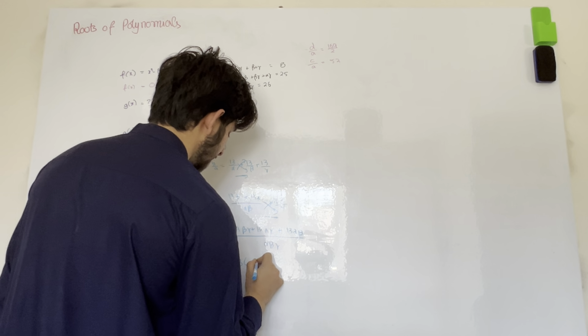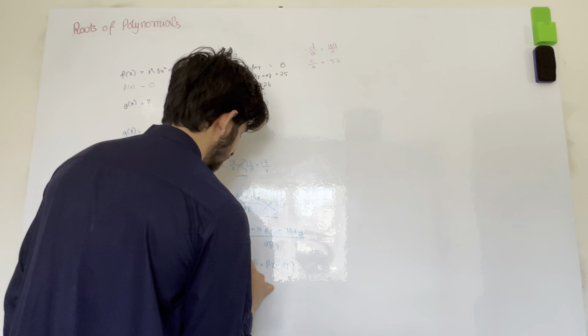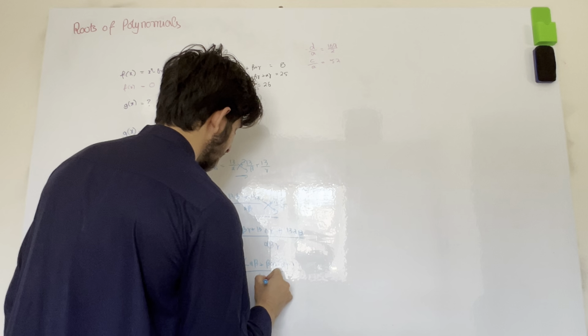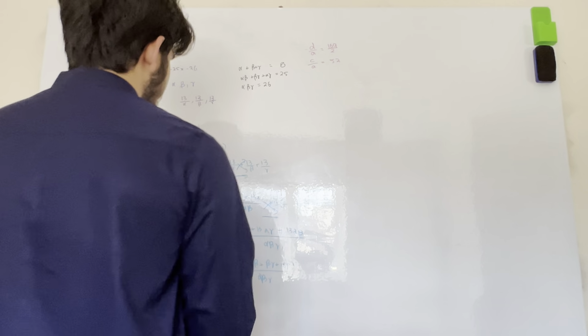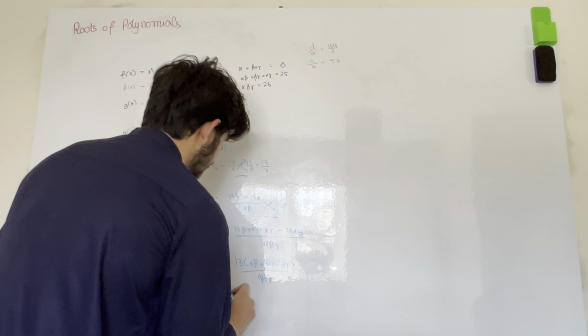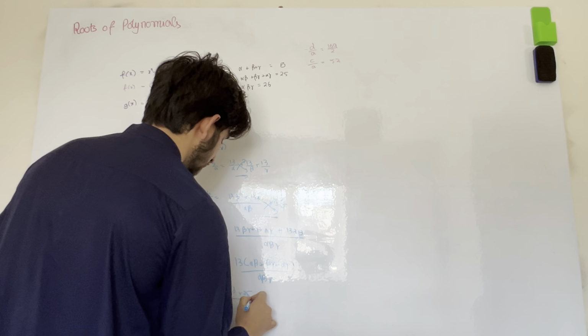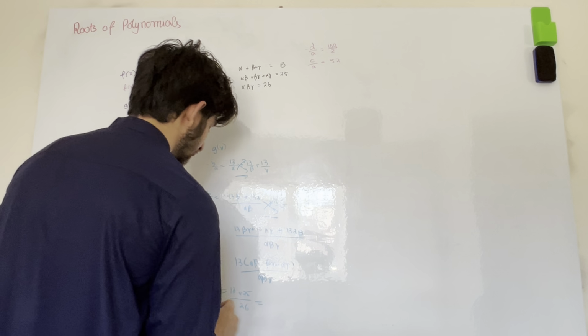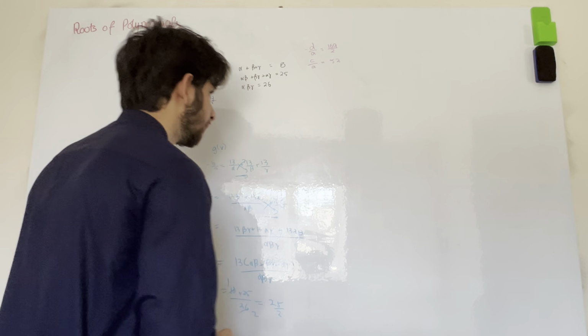You get alpha beta plus beta gamma plus alpha gamma in the brackets, and you get alpha beta gamma as the denominator. Again, substitute. We're going to have 13 times 25 over 26, which will just be 25 over 2.